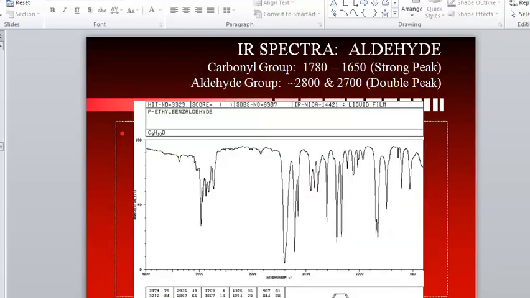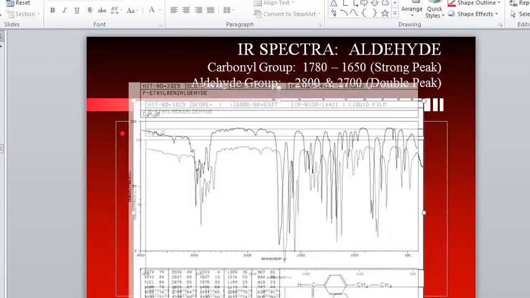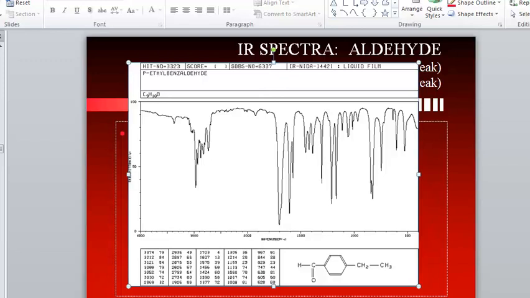Finally, my next one. This is ethyl benzaldehyde. So a ring structure with some other stuff on it. And then a C double bond OH, so I know it's an aldehyde functional group here. Well, at 1700, I see a big carbonyl band. It's right there. And what type of carbonyl is it? Well, I only know aldehydes. It's the same story, but this one maybe is a little more difficult to see.